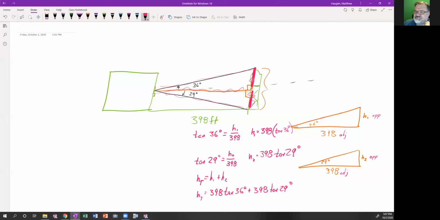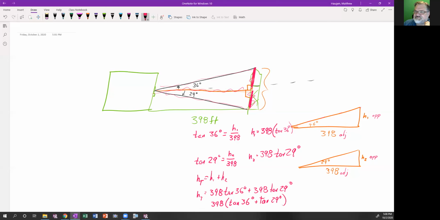Now, if you want to stay exact, you could just stop there. If you wanted to simplify it a little bit, you can factor out that 398, because it is the same in both terms, and get the tangent of 36 degrees plus the tangent of 29 degrees.